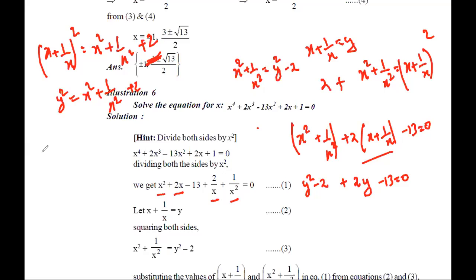So this will go that side. I can say x square plus 1 by x square is equal to y square minus 2. Clear everyone? Everyone is clear in this concept? Yes, sir. So I hope all of you are getting the concept of substitution, है ना? ठीक है?